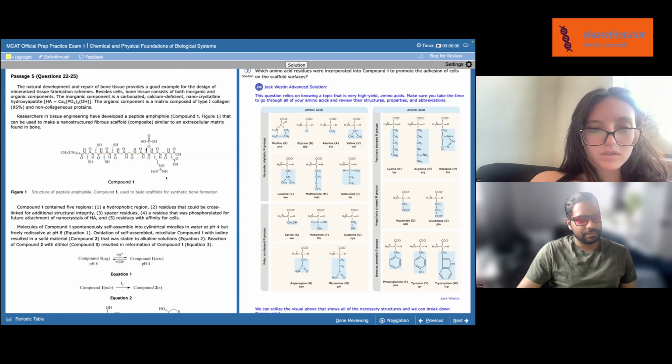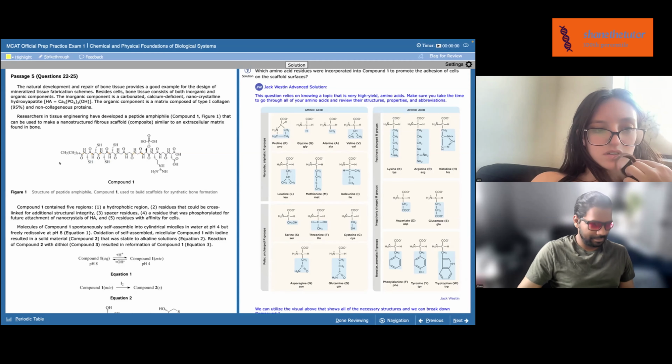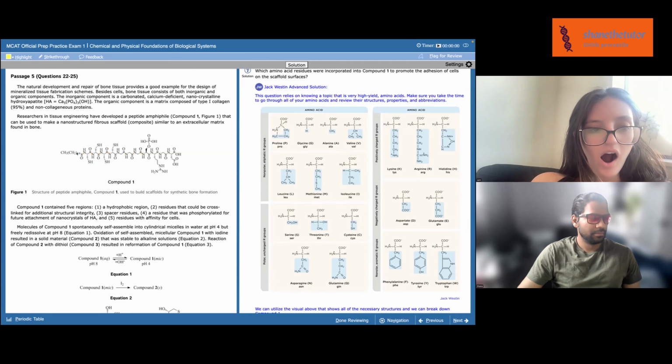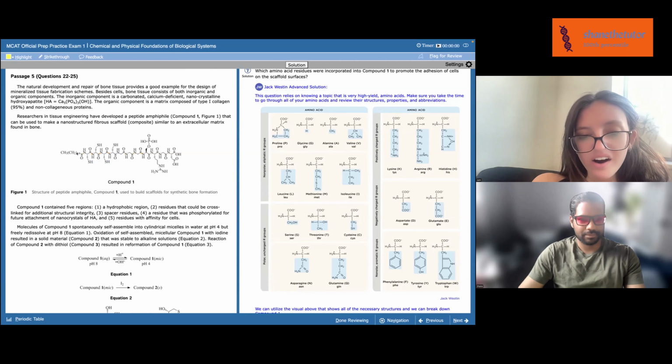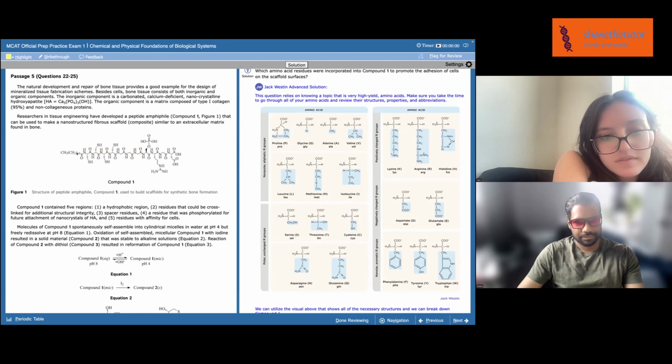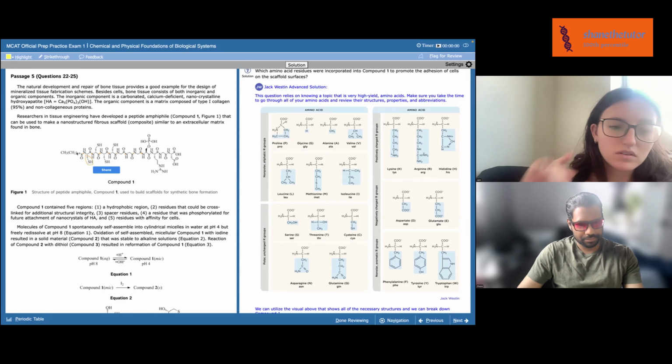I'm assuming the SH is something. There's this CH3, CH2 thing. I don't know what amino acids I see though. Still really struggling with amino acids.